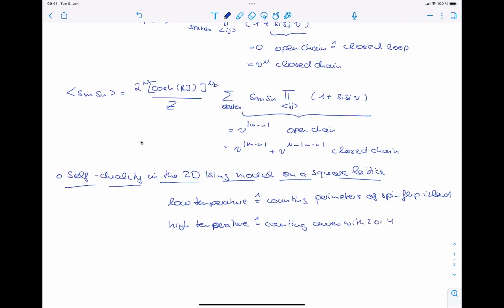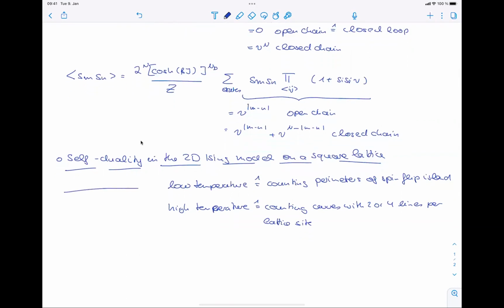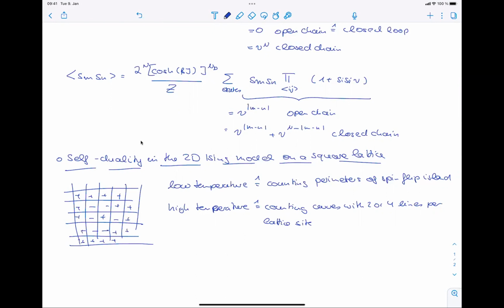with 2 or 4 lines per lattice site. And so if I draw this for a 2D lattice, say I have these spin flip islands in an ocean of pluses, and I want to find, I mark the perimeter of the spin flip island.